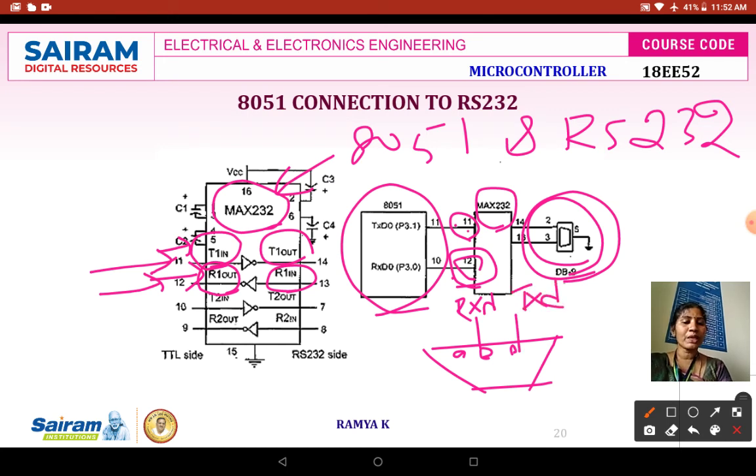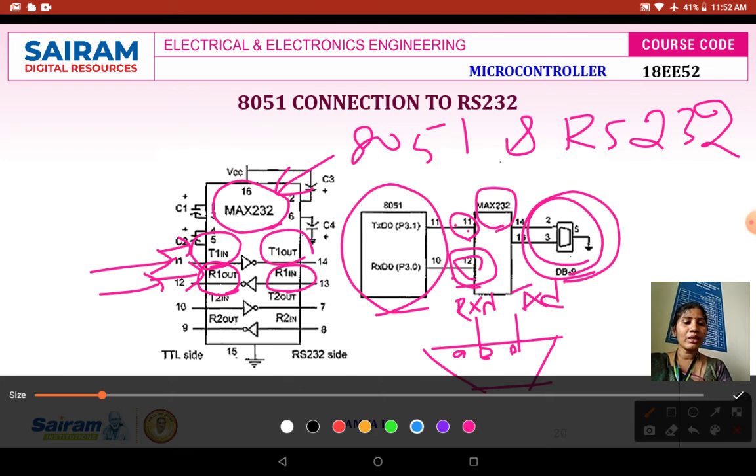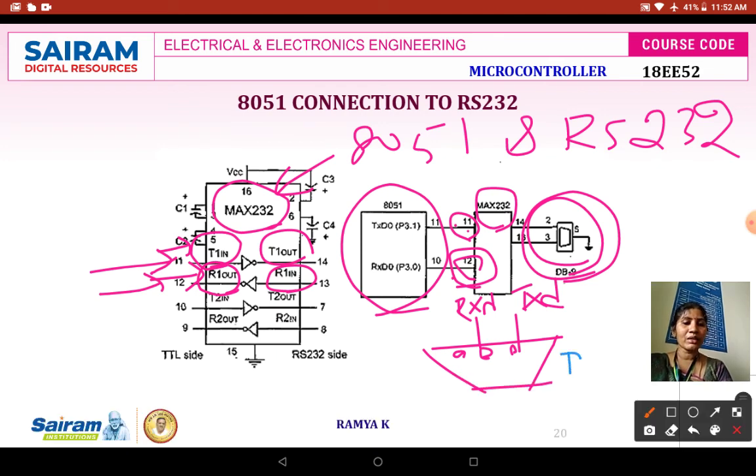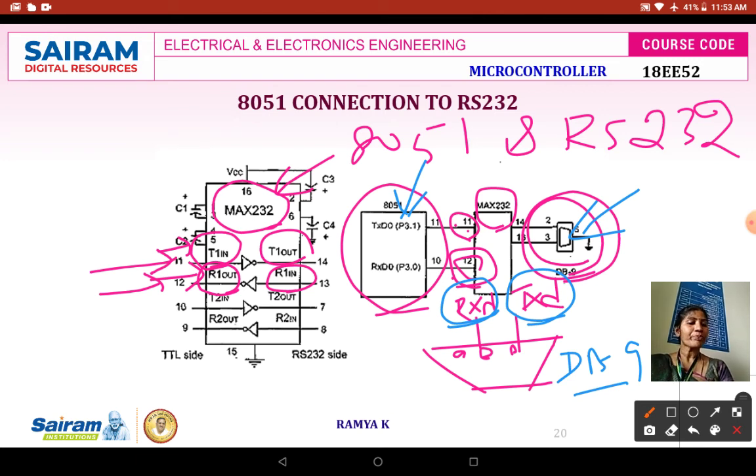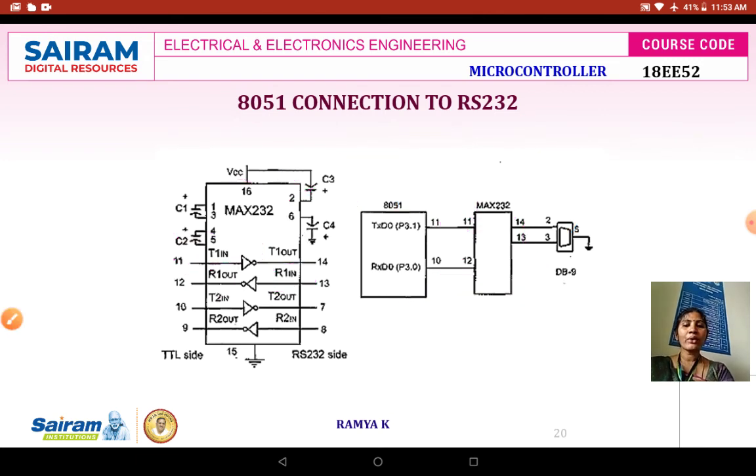Using these two pins, RXD and TXD of the DB9 connector, we connect them to the MAX232 logic to make the TTL level of RS-232 compatible with the 8051 TTL logic. This is how you can establish the physical connection between 8051 and RS-232.